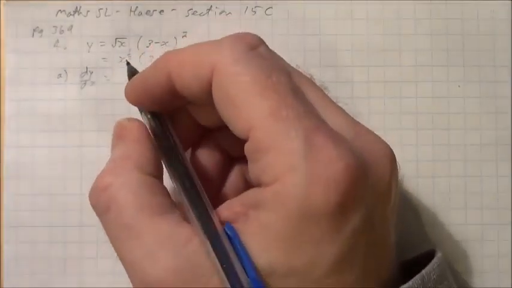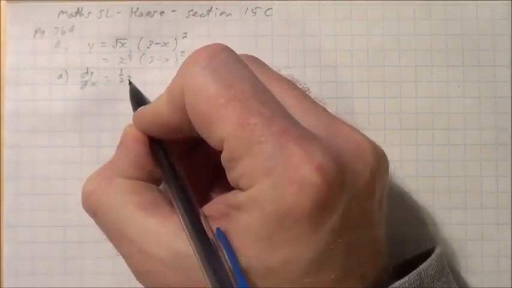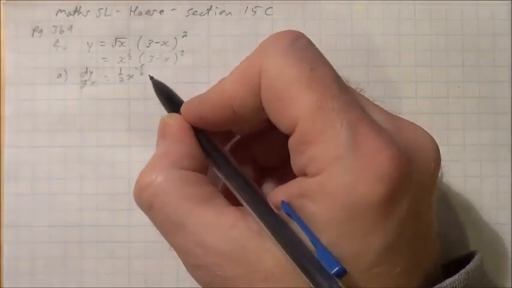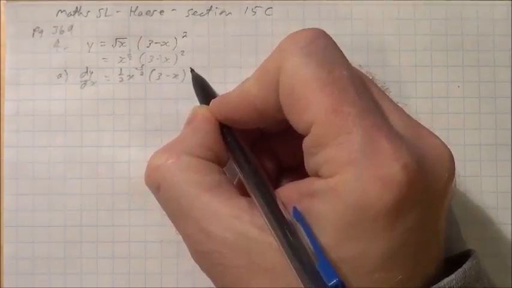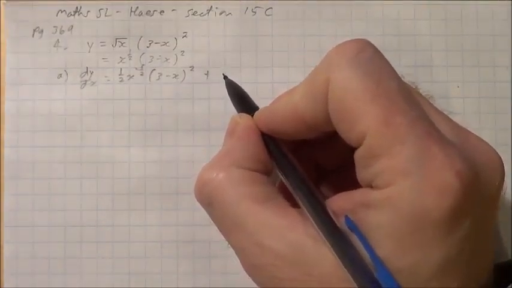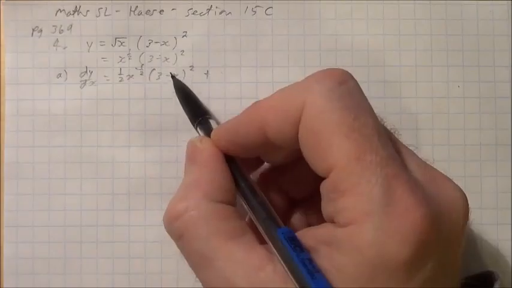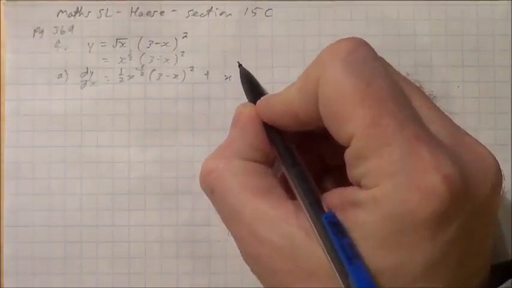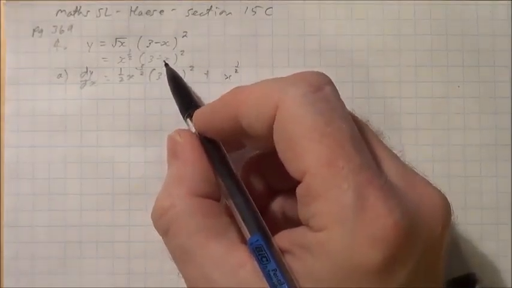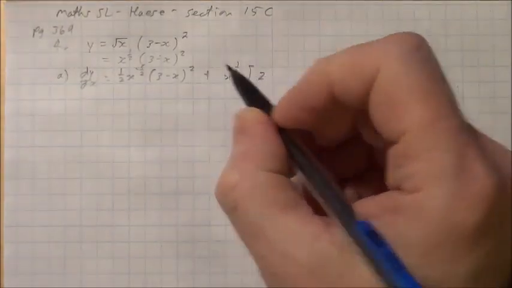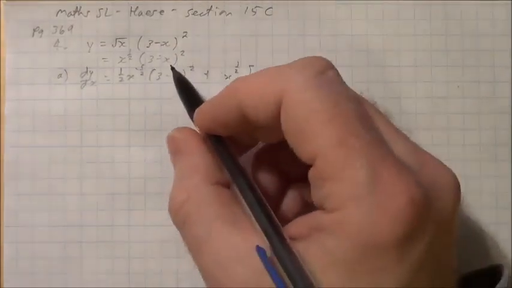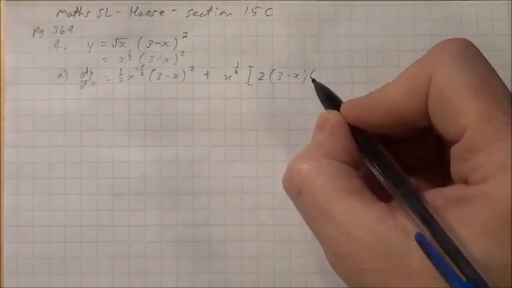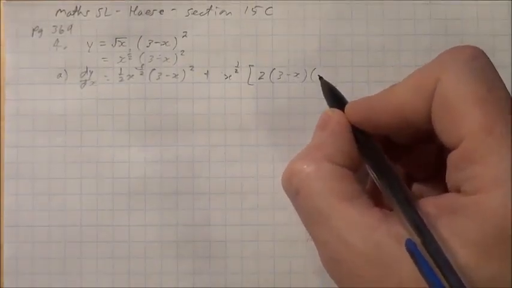We'll take the derivative of the first part: bring the 1/2 down in front, subtract 1 from the exponent to give negative 1/2, and then multiply by 3 minus x all squared. Plus, leave the first part as it is and take the derivative of the second part: bring the exponent down in front, leave the inside the same, subtract 1 from the exponent, and then multiply by the derivative of the inside, which is negative 1.